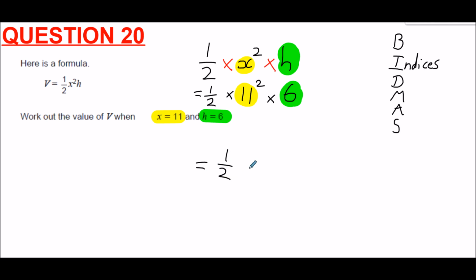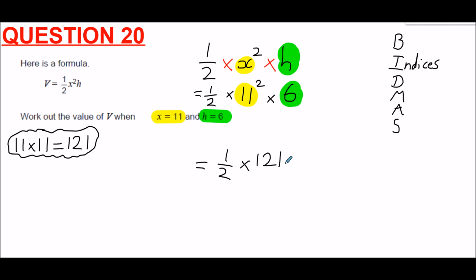So before we do anything else, we're best off working out this power of 11. Now 11 squared means 11 multiplied by 11, which is 121. You can try this using long multiplication and you should get 121. So half times 121 times 6.